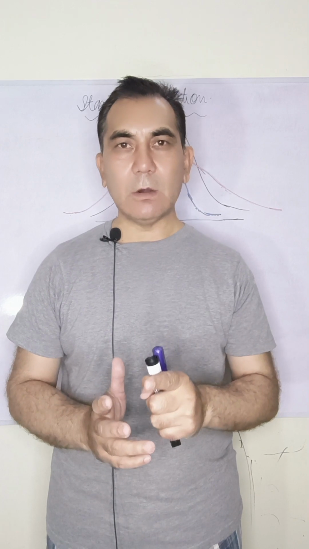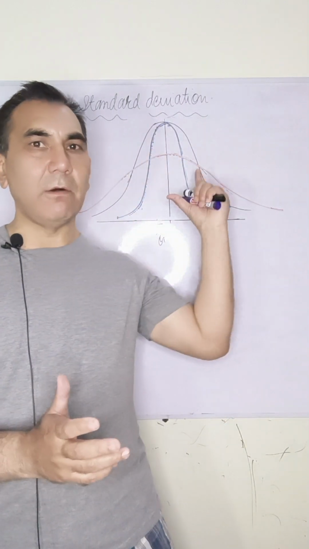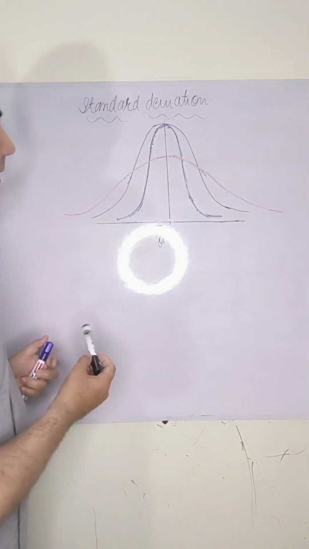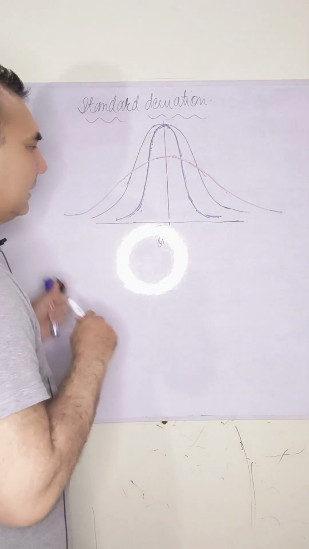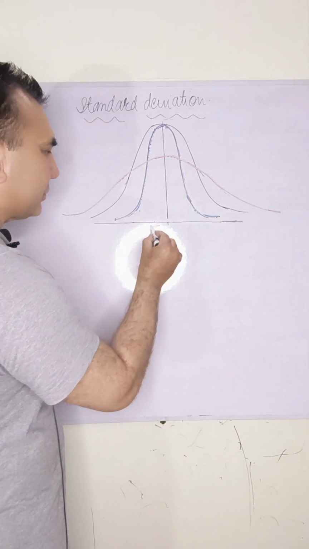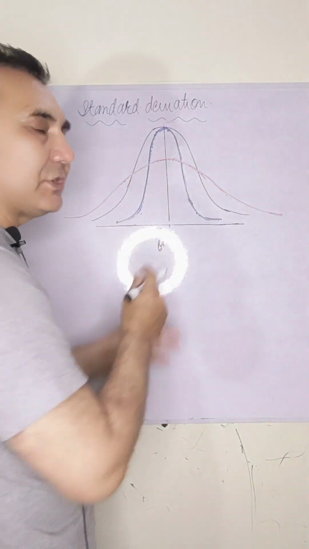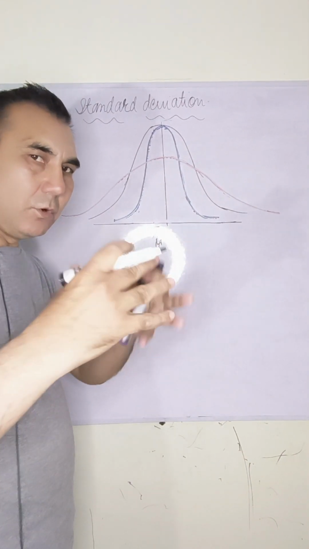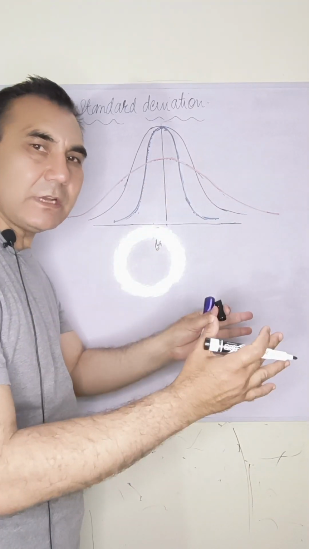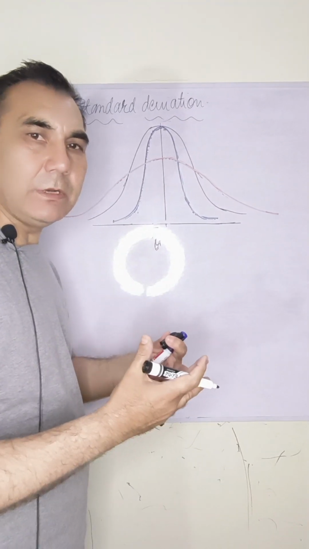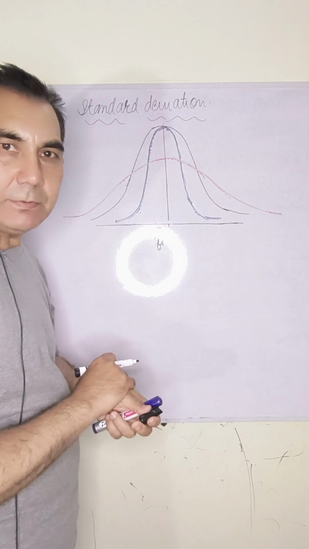Let's get our concept clear with this graph. Here is the graphical structure of a normally distributed data set, which is in a bell shape. As you know very well, any data set which is normally distributed always gives the bell shape.